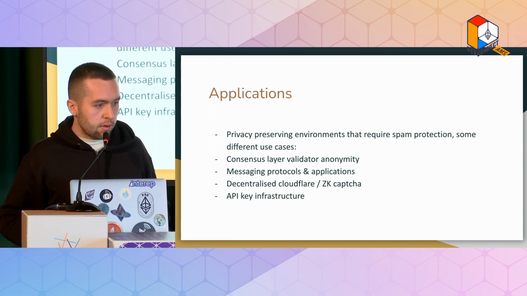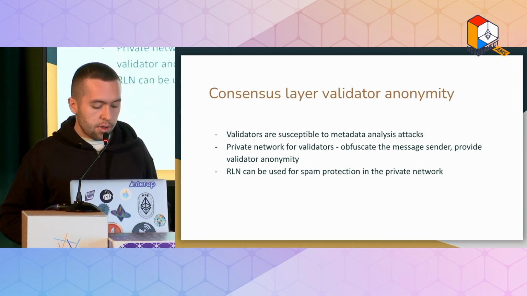We've worked on a few projects and prototypes, and we've found some additional use cases which we think are quite important. The first such project is Ethereum consensus layer validator anonymity.